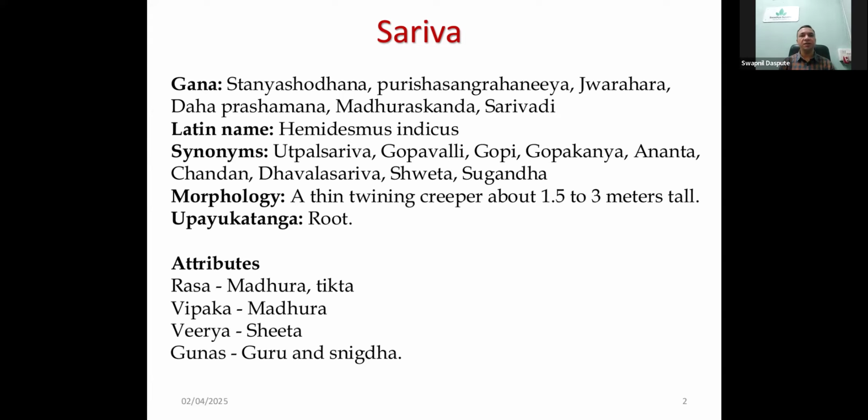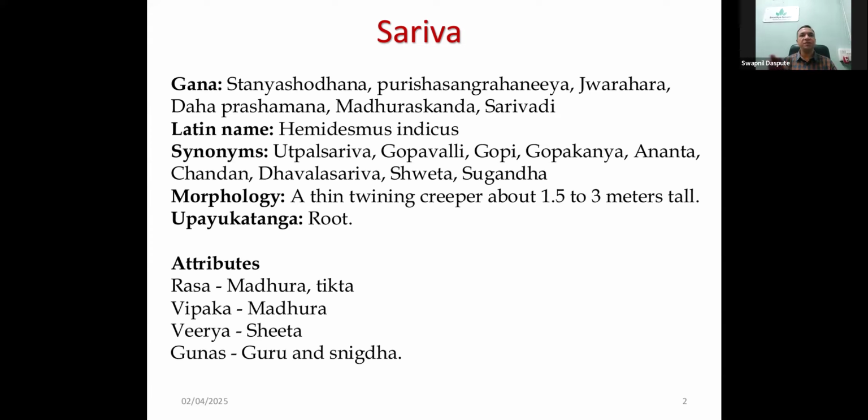Latin name Hemidesmus indicus. Of course, when we understand Latin names, there are various species. So, Sariva also would have various species depending on their morphology, their location, their part being used, the color of their leaf, color of the flower, color of the stem, or the properties of the various parts, panchanga, or any medicinal part which is used.